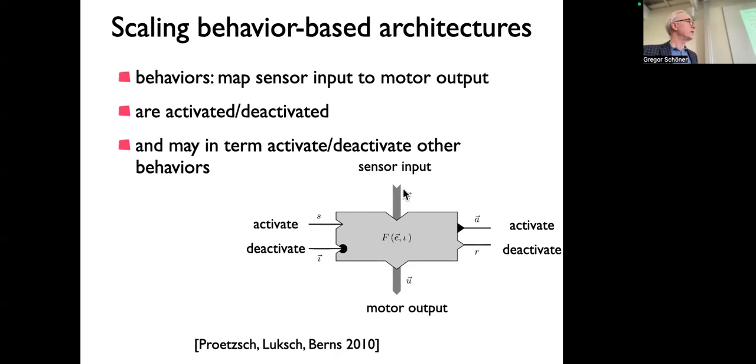So there is some input, and the behavior is designed so that with that input, it does the right thing, whatever this encodes. And the only thing you allow is for that module to be active or not active. You can activate it and deactivate it.